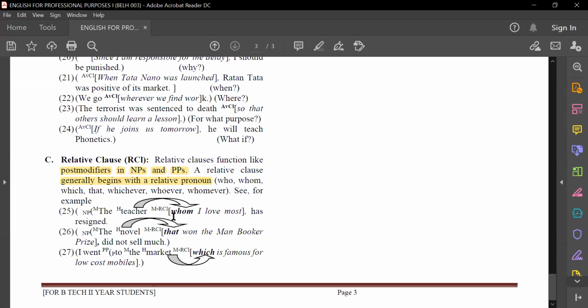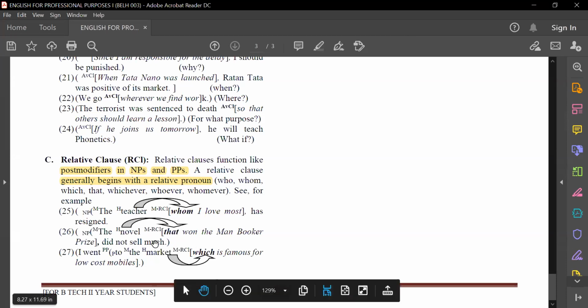In point number 25 and point number 26, we can see the NPs, the novel and the teacher, where we have the relative clause functioning. Whereas in 27, we have the PP, "I went to the market," which has been connected with the relative clause, establishing a connection.